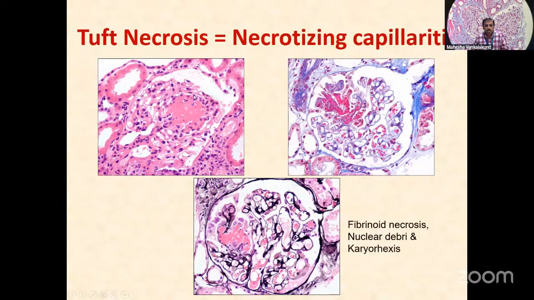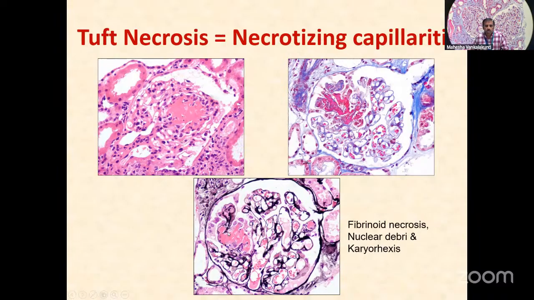Here in this case, this is a glomerulus, this being a vascular pole, and the capillaries in this segment are being destroyed, and this is the hematoxylin and eosin stain. Whereas the same lesion seen in the Masson trichrome, you would appreciate that this is more reddish in color, and the nature of this is fibrillar in character and not homogeneous.